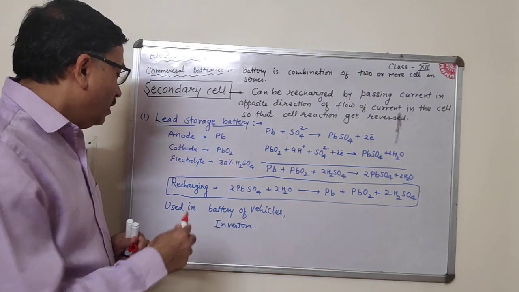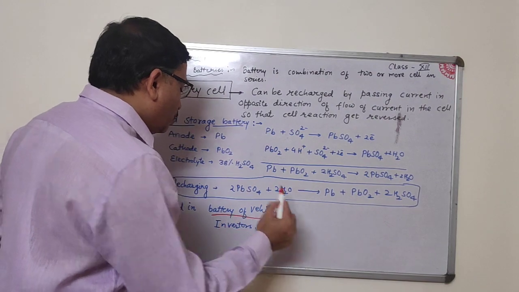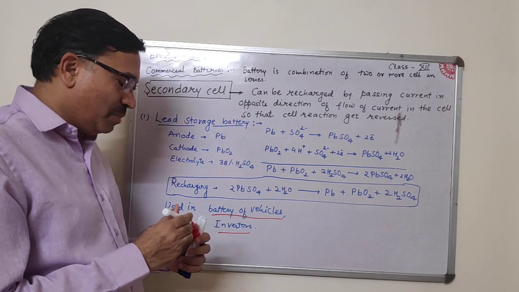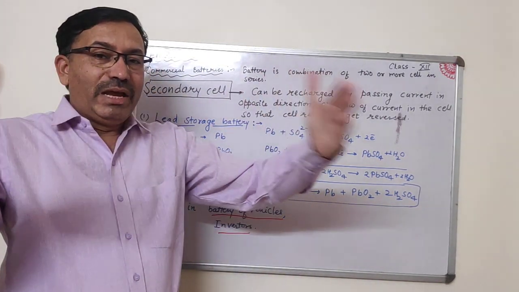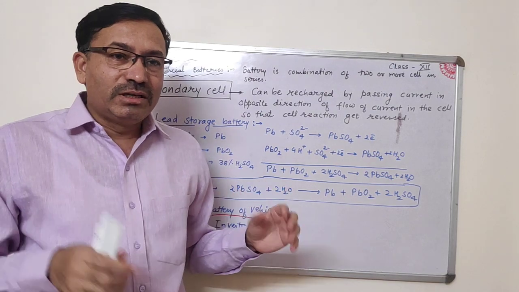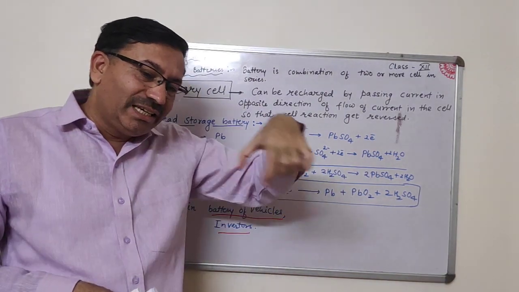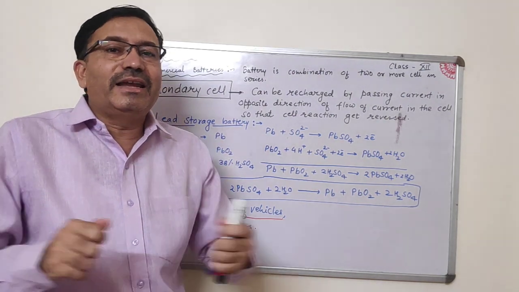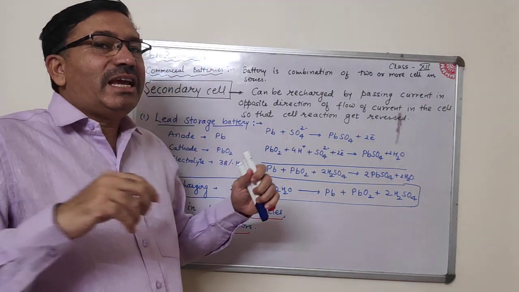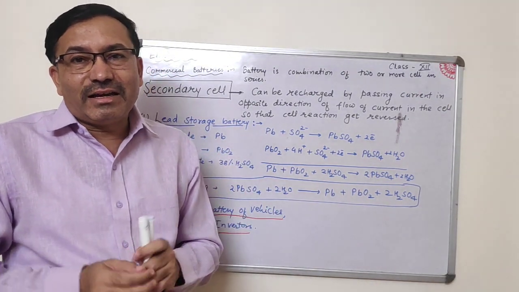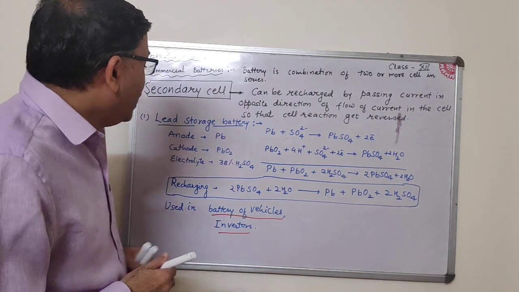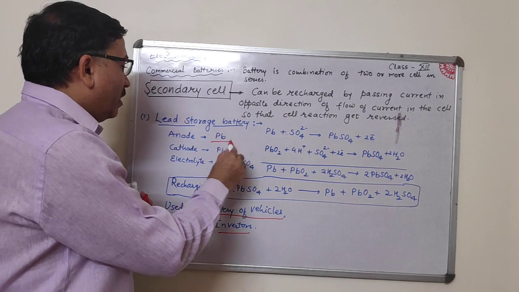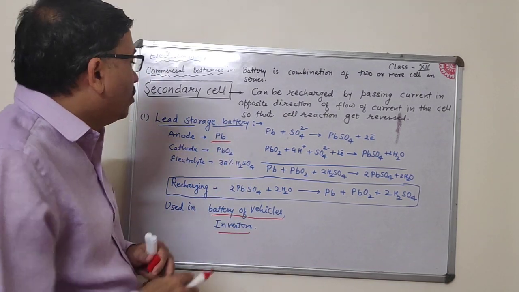Inverters also use lead storage batteries. You might have seen a big white box with either 3 caps or 6 caps at the top. If 3 caps are there, 3 lead storage cells are connected in series; if 6 caps, 6 cells are connected in series. Clear? In this battery the anode is lead.